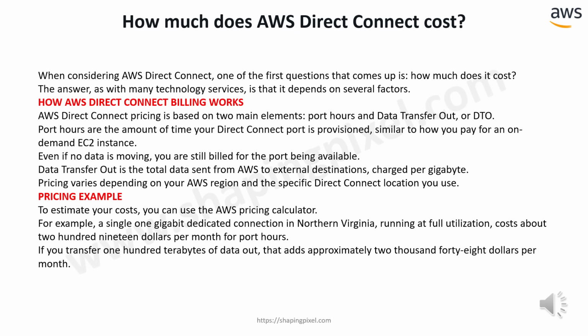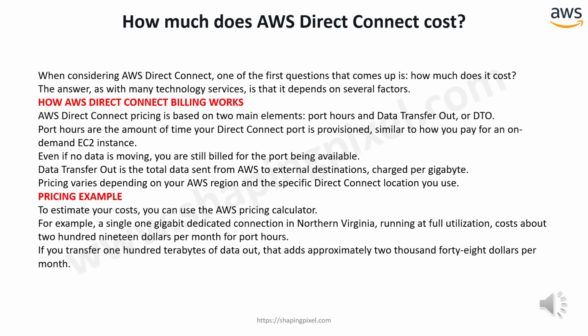When considering AWS Direct Connect, one of the first questions that comes up is, how much does it cost? The answer, as with many technology services, is that it depends on several factors. AWS Direct Connect pricing is based on two main elements: port hours and data transfer out, or DTO.